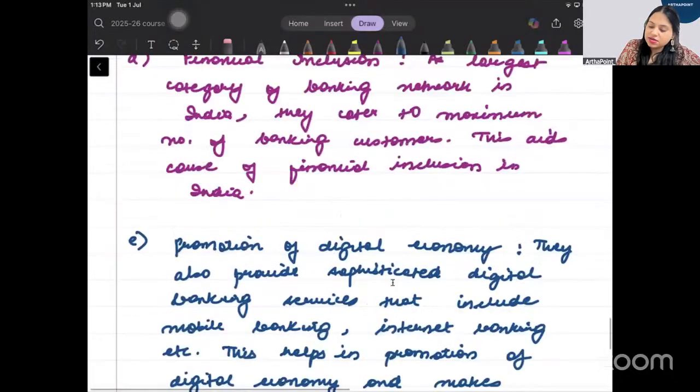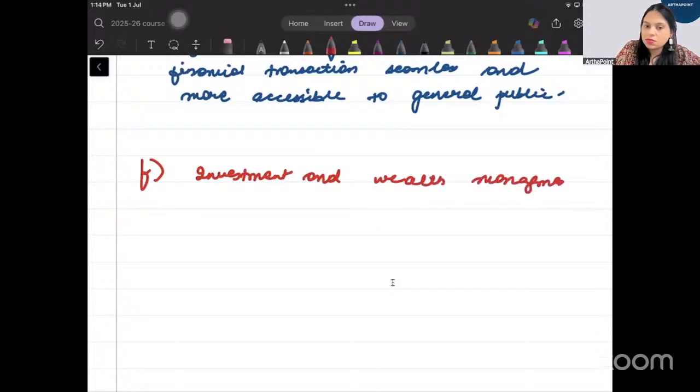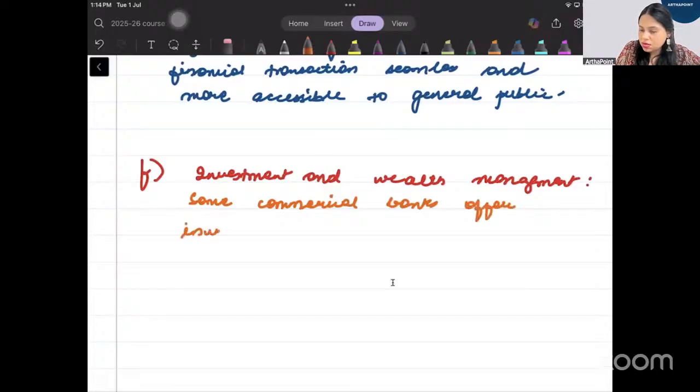So next, investment and wealth management. Some commercial banks offer investment and wealth management services.